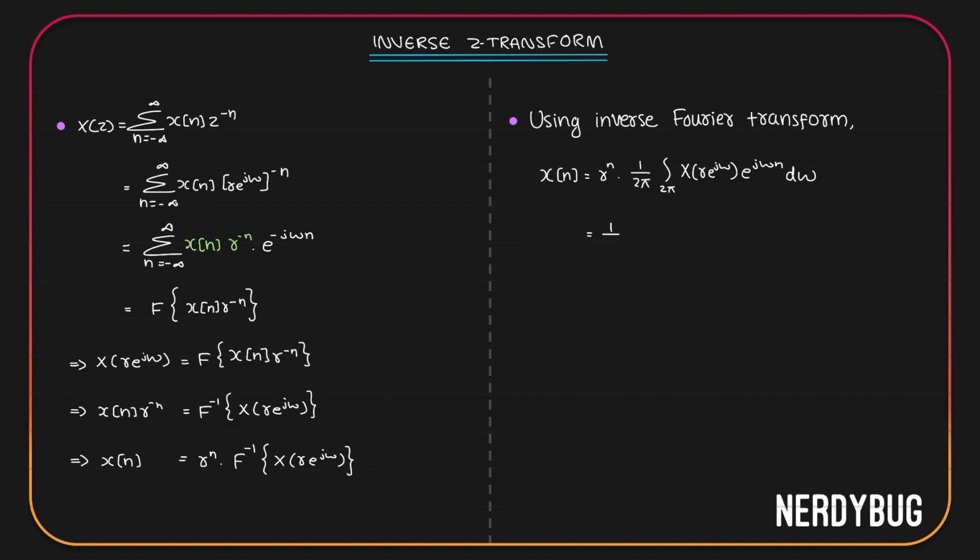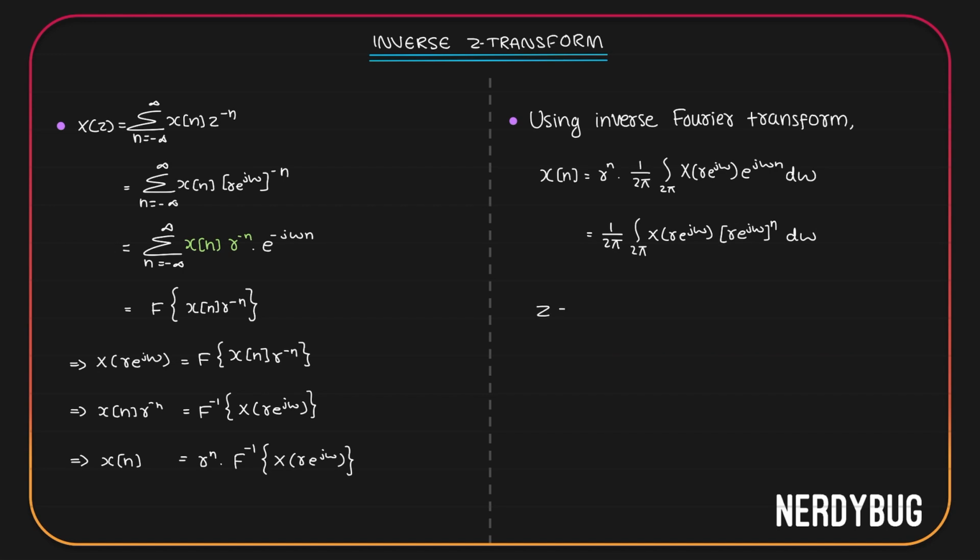Then we get 1 by 2 pi integral over an interval of 2 pi x of r e raised to j omega r raised to n e raised to j omega n d omega. We have r raised to n e raised to j omega n. This can be written as r e raised to j omega the whole to the power n. Let us replace it that way.